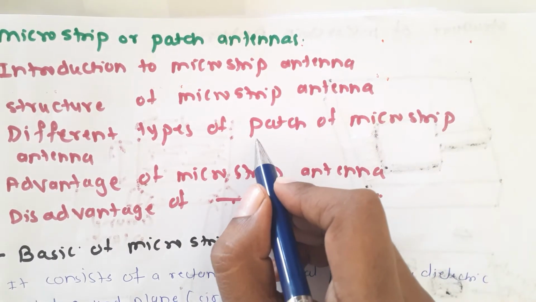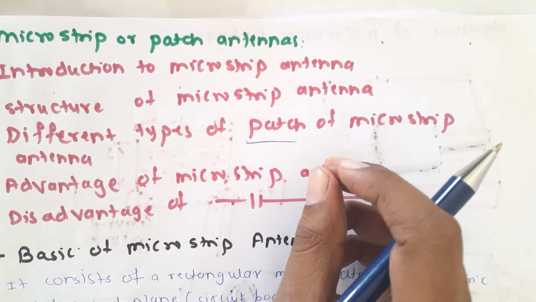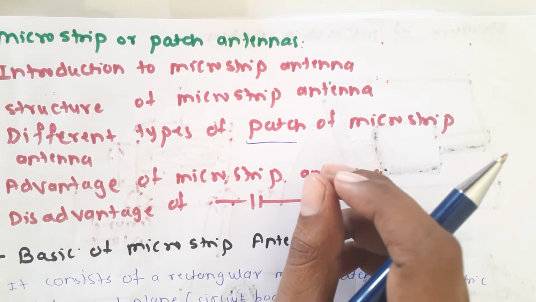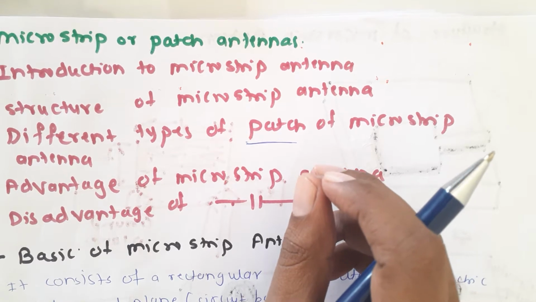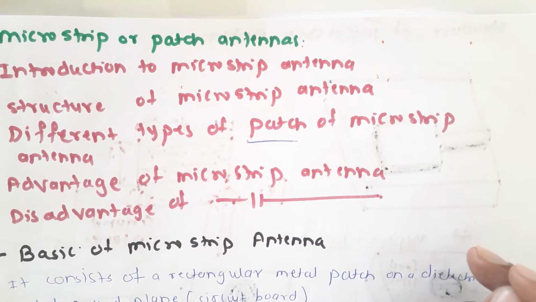So the microstrip antenna is also called a patch antenna. The patch is a small piece that looks like a rectangle, circle, ellipse, or triangle, and this patch will basically be mounted on the ground plane.